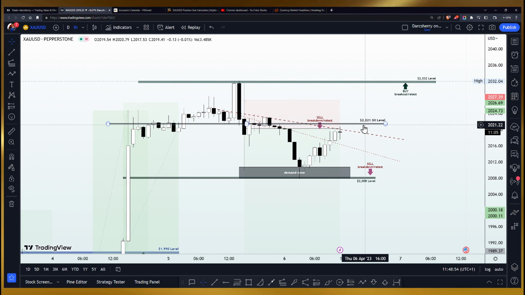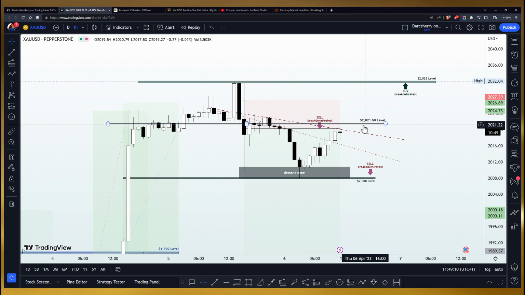So this is what I want to be seeing on this chart for us to buy the XAUUSD. So the $2,021.50 level and the bearish trend line here is the yardstick we are going to be using to guide our trading activity for today.